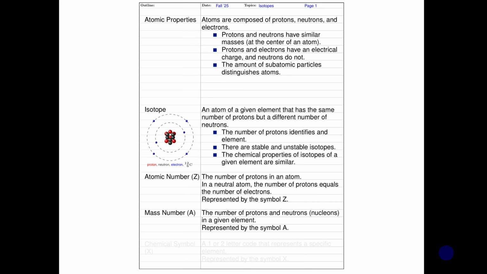The mass number is represented by the symbol A and indicates the total number of neutrons and protons in an atom. Finally, each element is represented by a chemical symbol X. This is a 1 or 2 letter code that is specific to each element. For example, carbon is represented by C and oxygen by O. These chemical symbols are used throughout the periodic table.